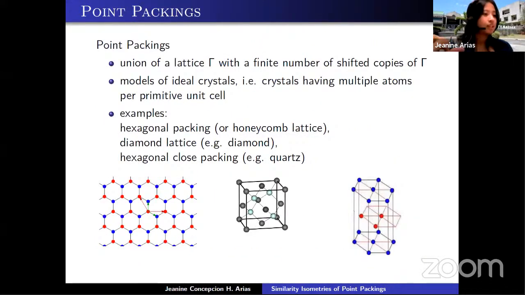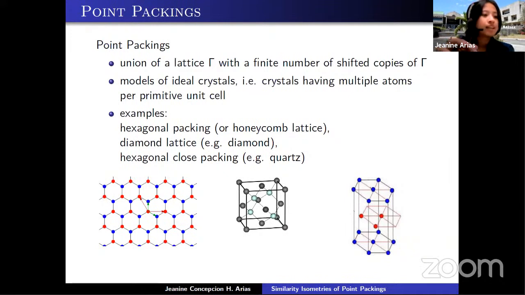So let us now discuss what a point packing is. A point packing is the union of a lattice gamma with a finite number of shifted copies of gamma. Point packings are also sometimes called crystallographic point packings or multilattices by some authors.